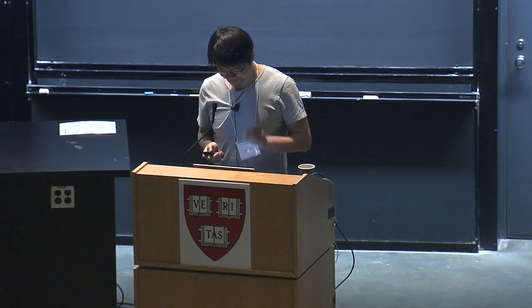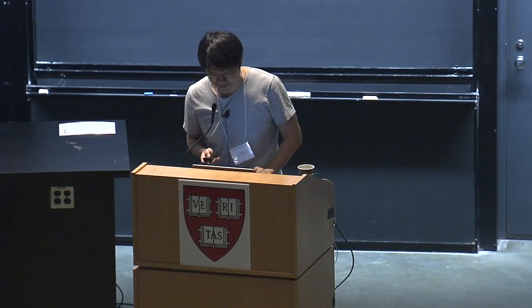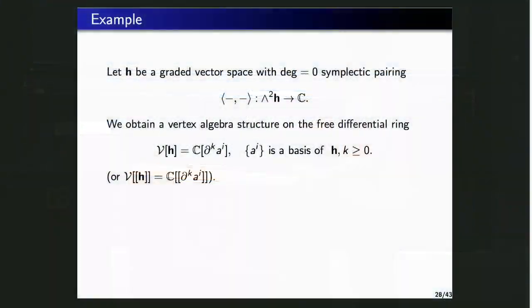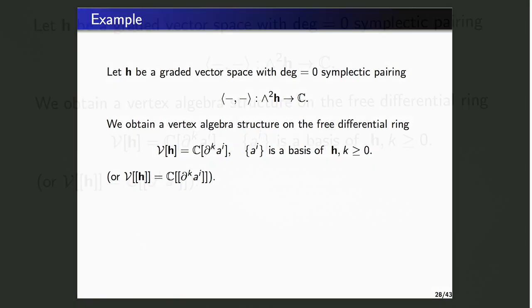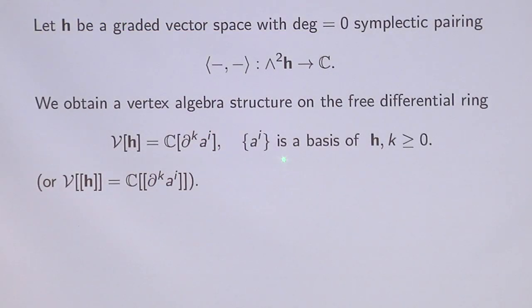Now, let me give you some examples. Suppose H is a graded vector space with a degree 0 symplectic pairing. Now we can obtain a vertex algebra structure on the free differential ring. So this is like a free polynomial ring with a differential operator, formally. The a_i is the basis of the vector space.